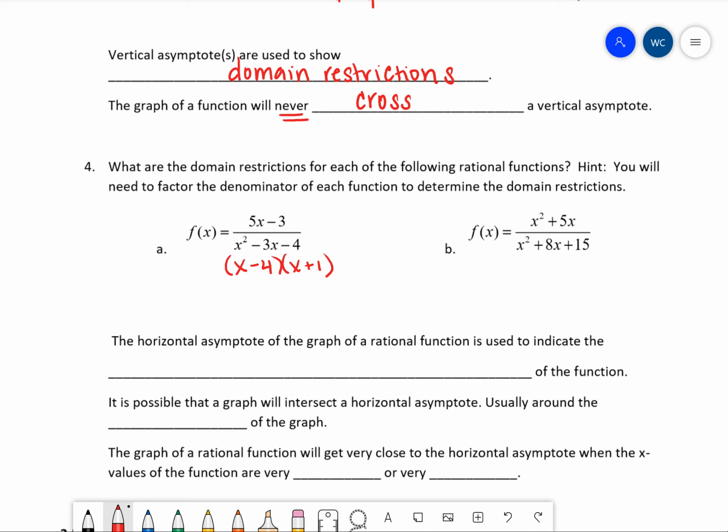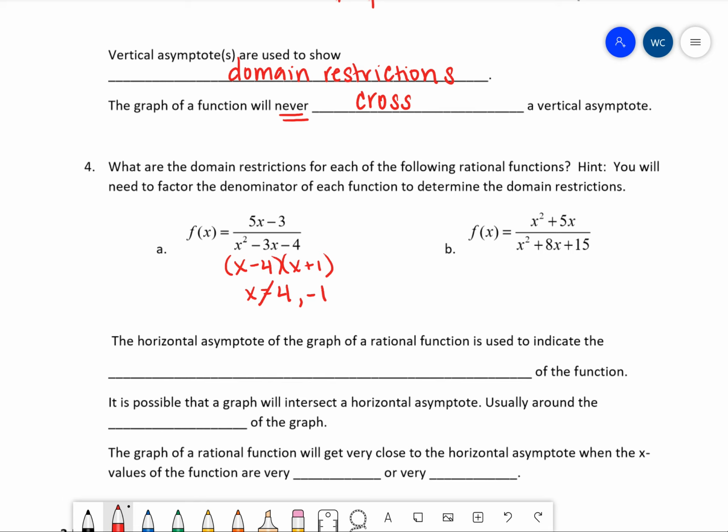I set those equal to 0 and I solve and I get x equals 4 and x equals -1, which means that those are going to be my restrictions. So x cannot be 4 and x cannot be -1. If they were, then I would get 0 in the denominator, and I know I cannot get 0 in the denominator. So those are my restrictions.